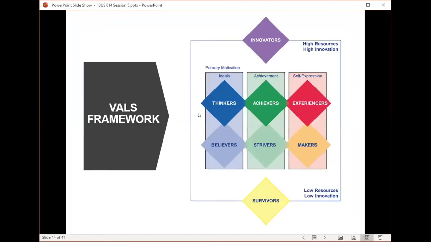Now, moving on to the next level of the grid, where we have the achievements, the consumers who are motivated by achievement. Sorry, we can talk about achievers and strivers. Now, achievers, being on the upper part of the spectrum, have high resources and high innovation.